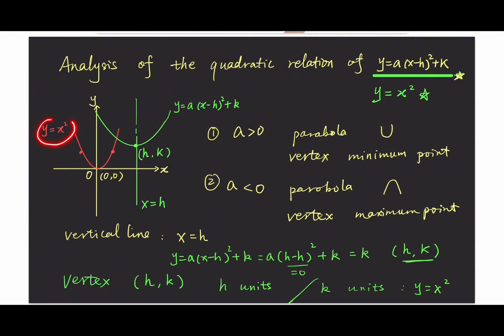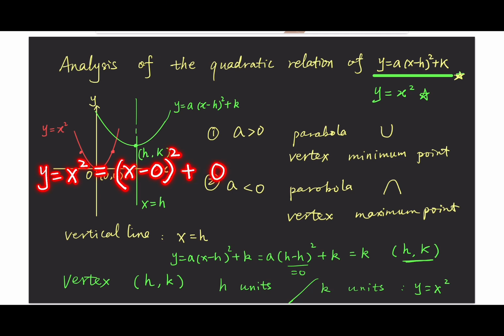For the vertical line representing the axis of symmetry, for the basic quadratic relation you will find the y-axis, that is x equals 0, represents the axis of symmetry. For y equals x squared, we can rewrite it as (x minus 0) squared plus 0.